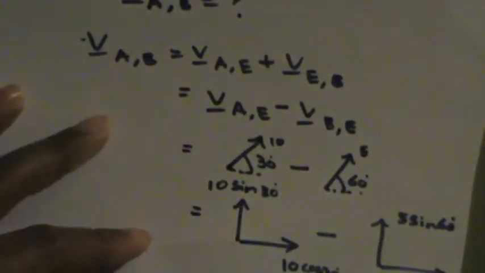Now I will take V_AB, the velocity of A relative to B, in the horizontal direction and the vertical direction separately. For the horizontal direction, the velocity of A relative to B is 10 cos 30 minus 5 cos 60. 10 cos 30 is 10 times root 3 by 2, so that is 5 root 3.